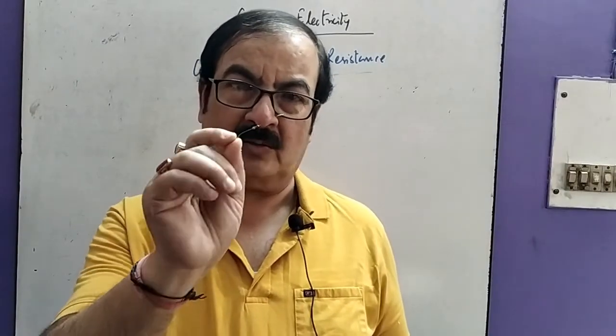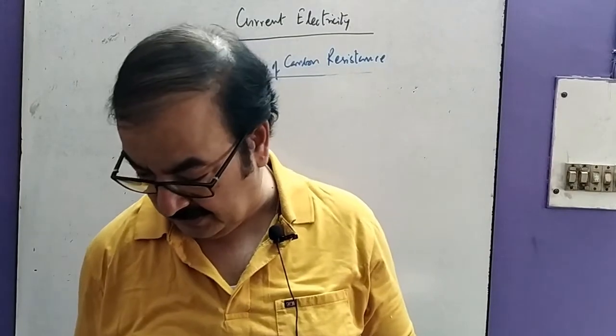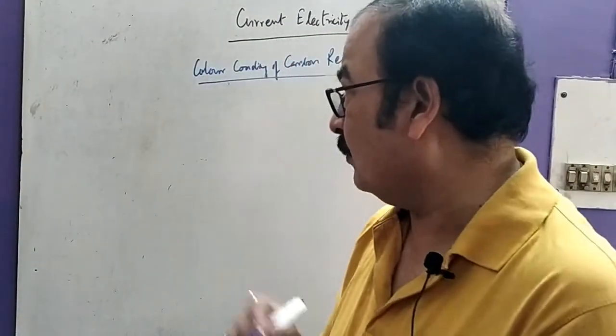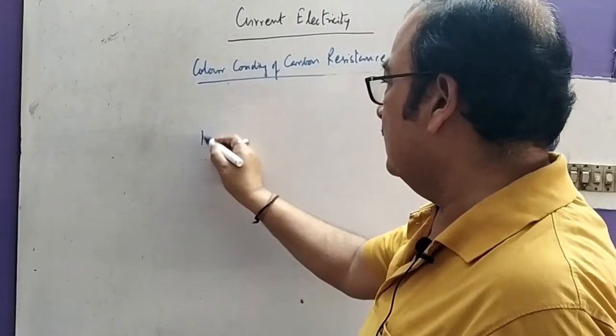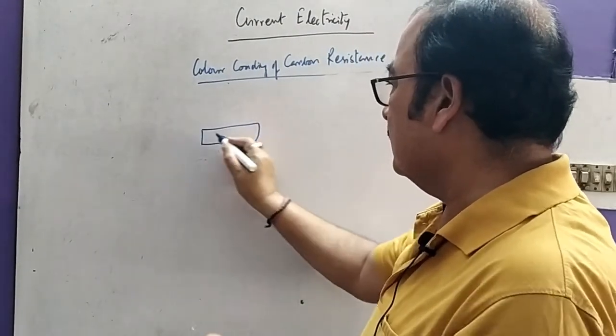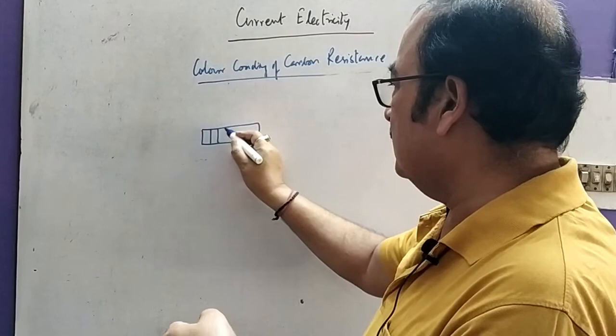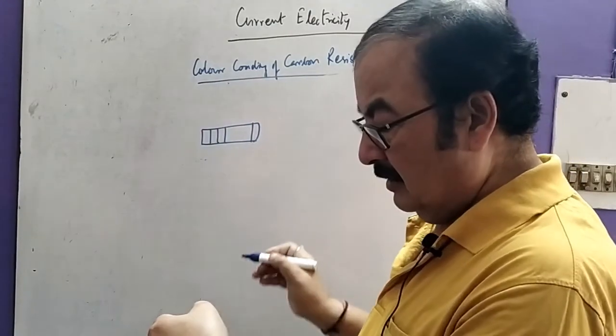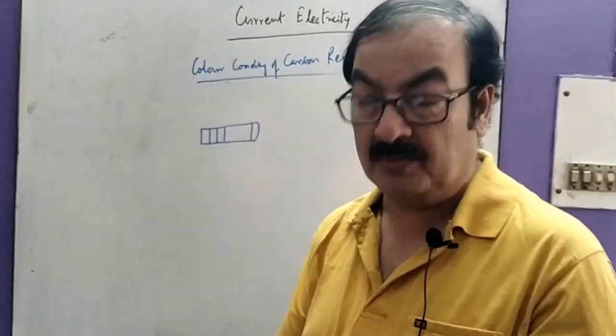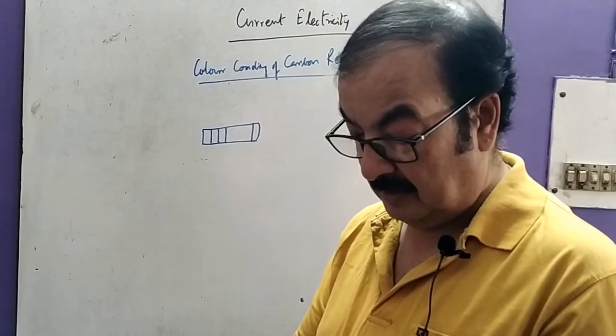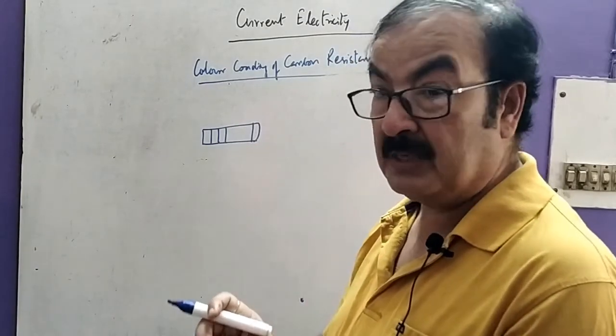We have shown you the close picture of this commercially available carbon resistance. You have seen that it has 4 colors: first, second, third, and fourth. Always remember, we count from the left hand side.